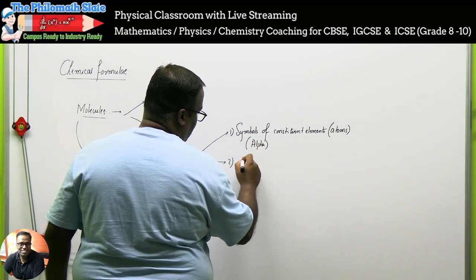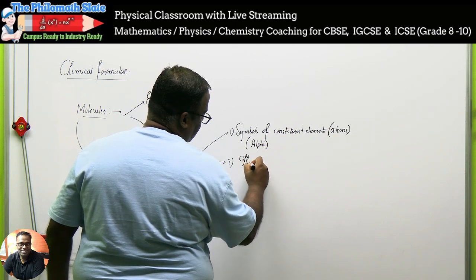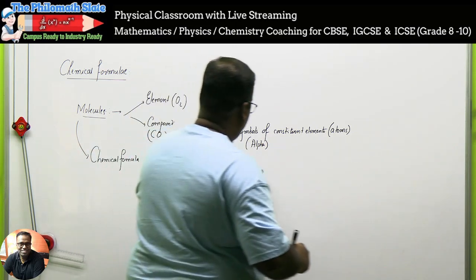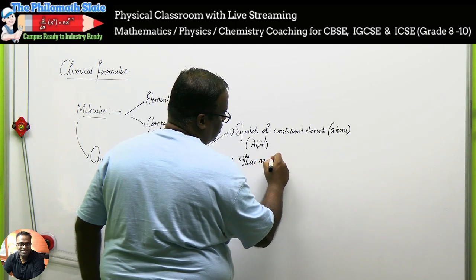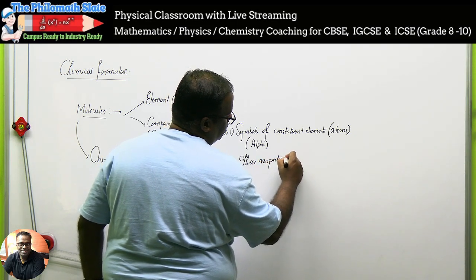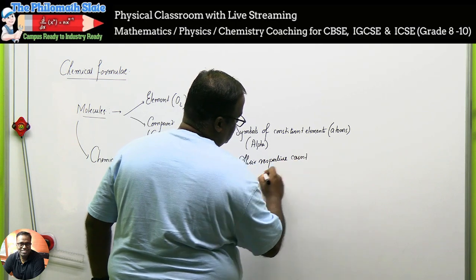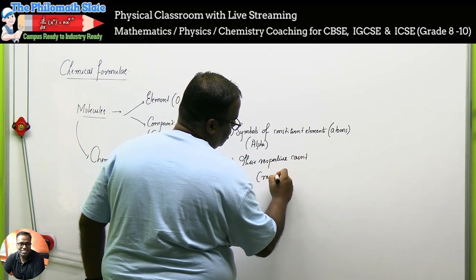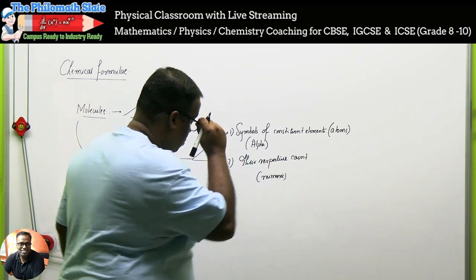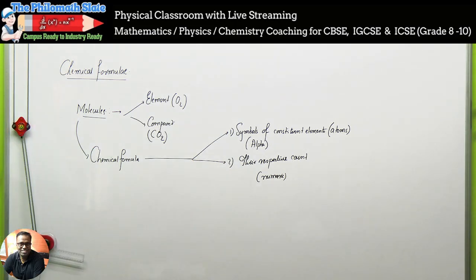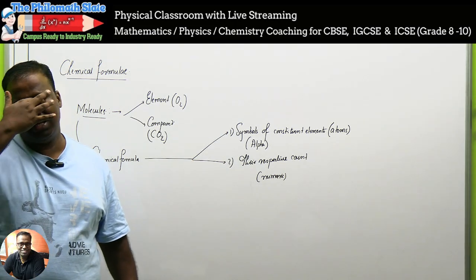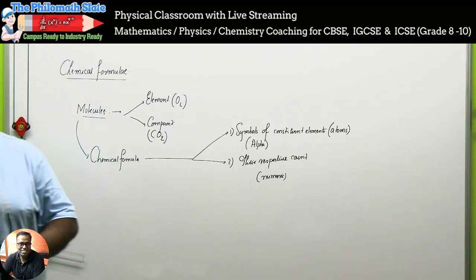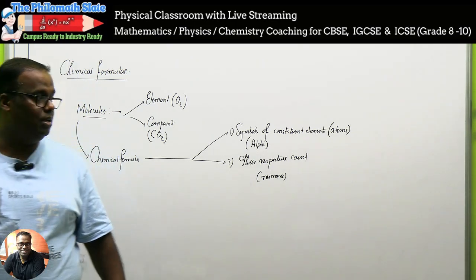And number two, it will have their respective count. So this is the numeric part. A chemical formula will always be alphanumeric, children. Alpha stands for the symbols of the constituent elements, and numeric stands for their count.